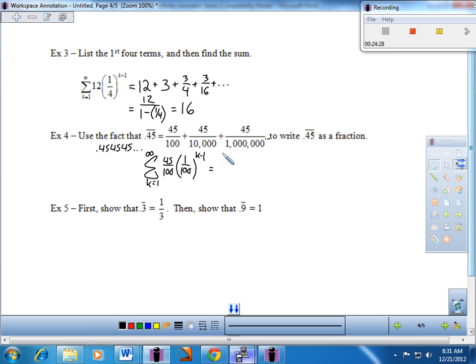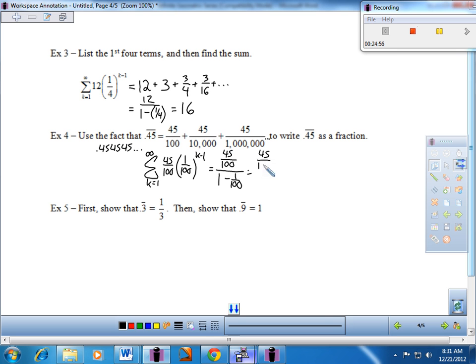Very simply, all I need to do is take the first term and divide it by 1 minus r. And that's it. Sorry for being redundant: infinite geometric series.